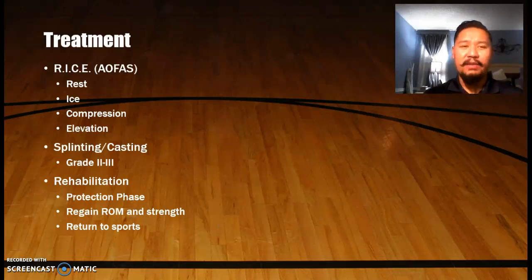And you want to regain the strength in your ankles because, again, if you stay in plantar flexion, you may have some muscle imbalances with your anterior tibialis and your post-tib, and you want to regain the strength there as well as the strength in your hip and your knee because you're not putting as much weight into that ankle over time. And then thirdly, you want to return to sports, and you'll work on balance and reactive exercises in that phase.